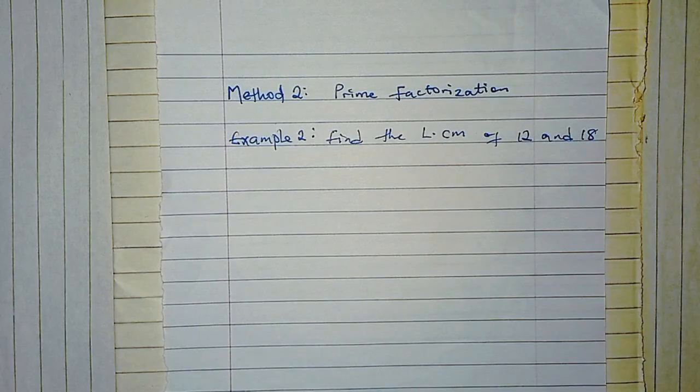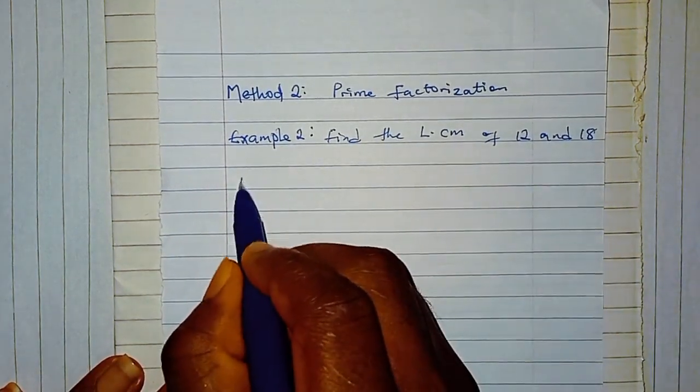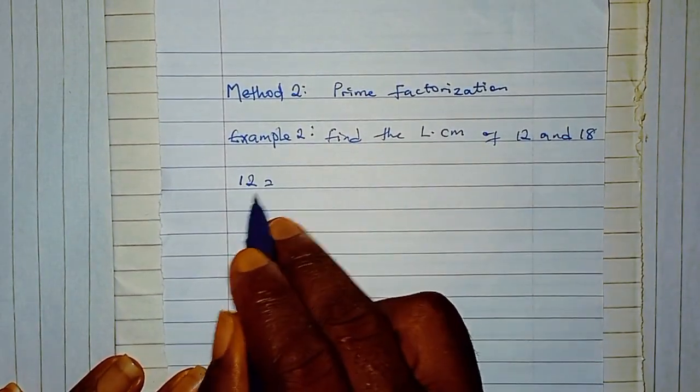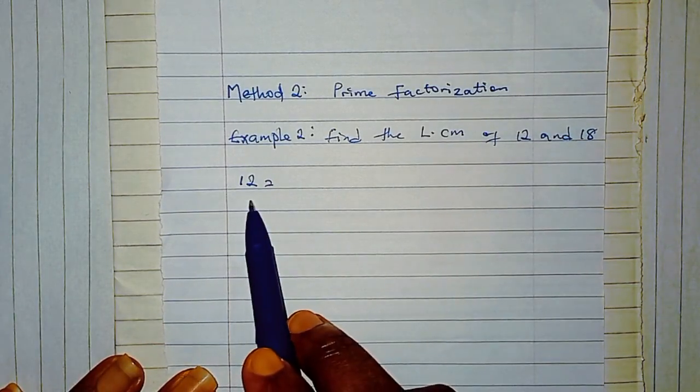Then after breaking them down, the next thing we are going to do is to collect all the prime factors and then multiply them. Alright, so let's break 12 down into its prime factors. We're going to look for two numbers that when we multiply them together, we get this.